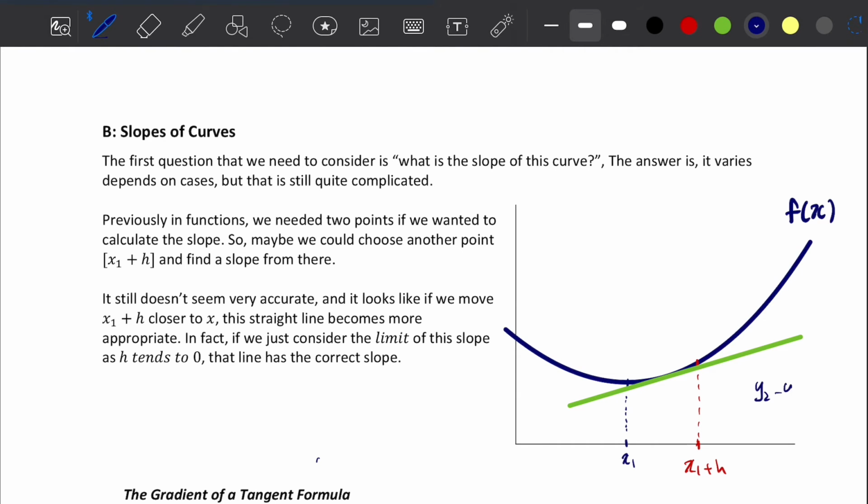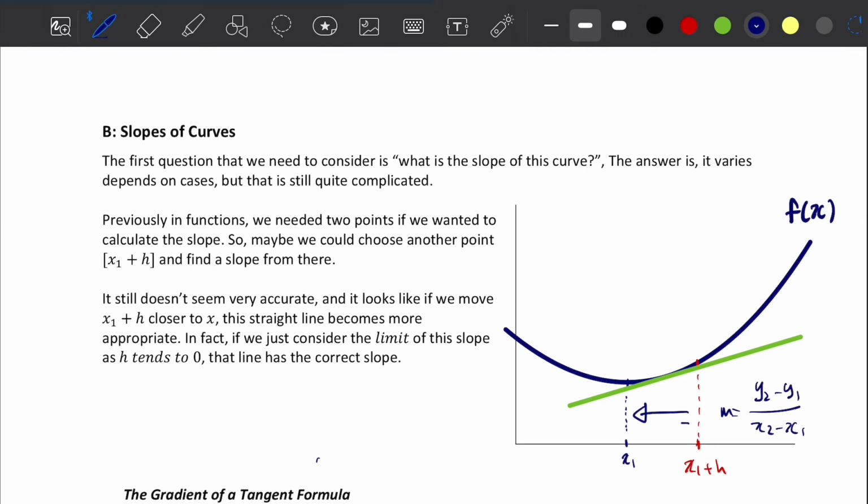y2 minus y1 over x2 minus x1 equation, right? However, since we are learning the concept of limit, this is no longer very accurate. So we need to move x1 plus h closer to the x1 value and create a straight line out of it. When we do this, we get a tangent.